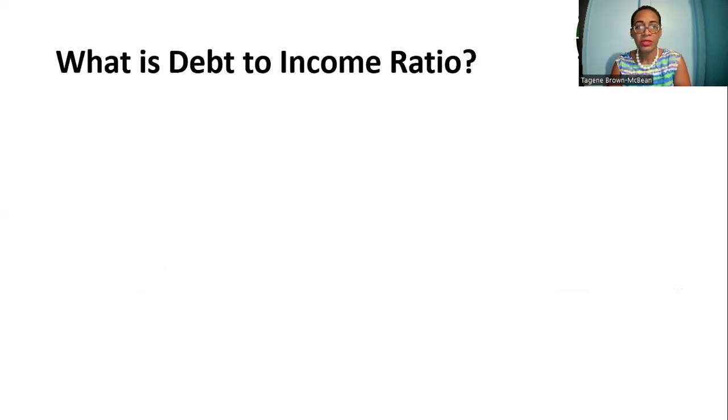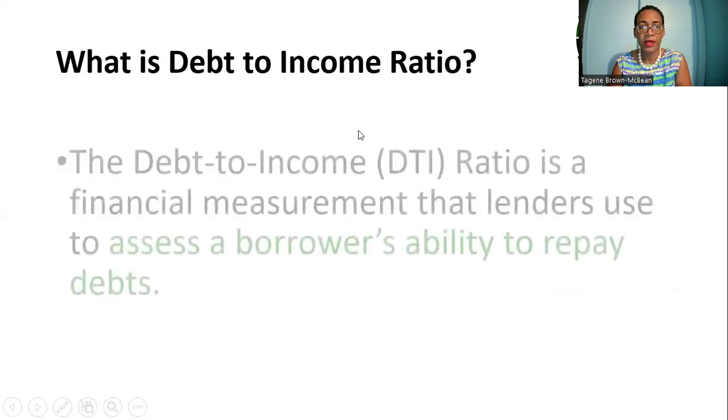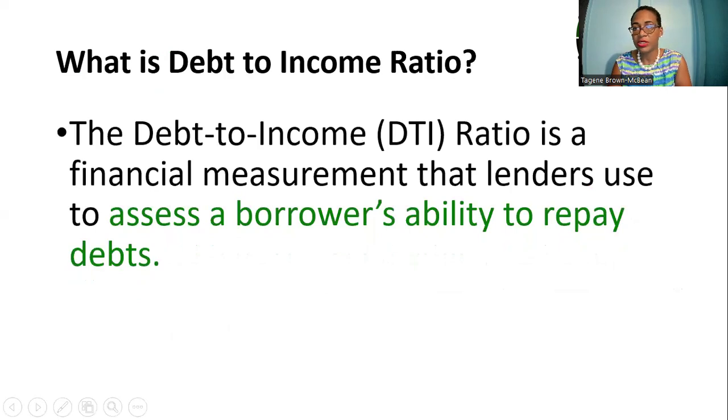All right. So today we're going to go in depth with what is a debt to income ratio. What is a debt to income ratio? A debt to income ratio is a financial measurement that lenders use to assess a borrower's ability to repay.